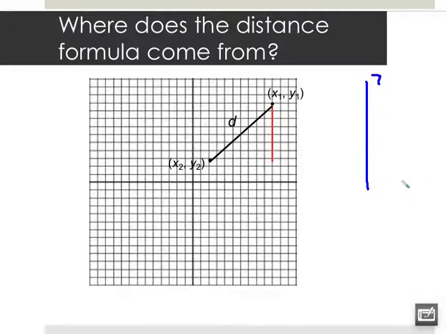If that's a triangle, and that's 7, and this is 3, how long is that? 4.